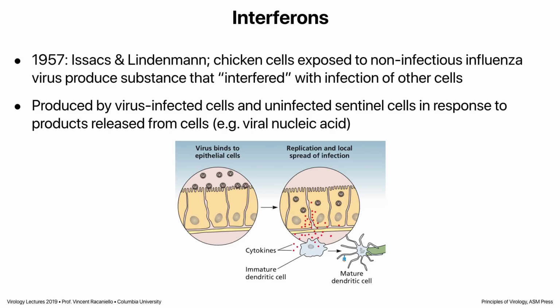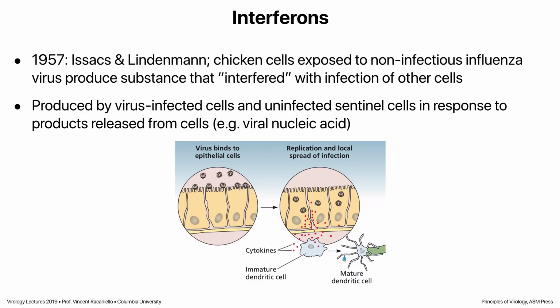This was discovered in 1957 when these two investigators found that if you added influenza virus that had been inactivated to chicken cells, the chicken cells will produce a soluble substance that, if you add to other cells, can block their infection. So they said it interfered with infection. It didn't even require infectious influenza virus. It could be done with non-infectious virus. So they called it interferon.